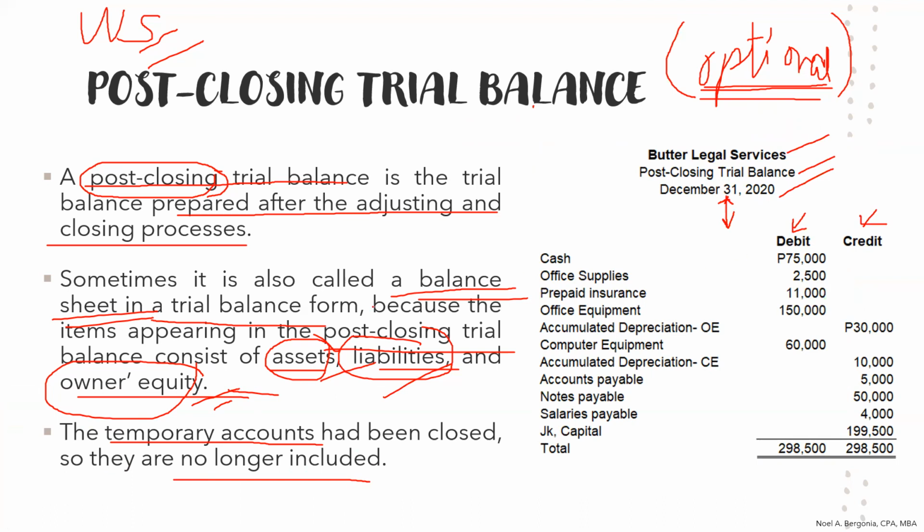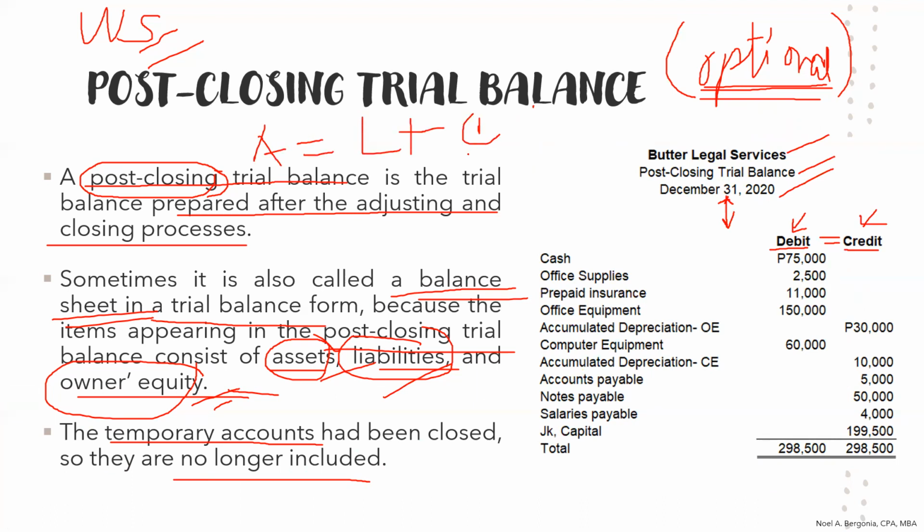So again, the purpose of it is to make sure lang, again, that the debit is equal to the credit after the closing process. Kasi kung naalala po ninyo, every step in our accounting process should make sure that the debit is equal to the credit, or even the asset should be equal to the liabilities and capital.